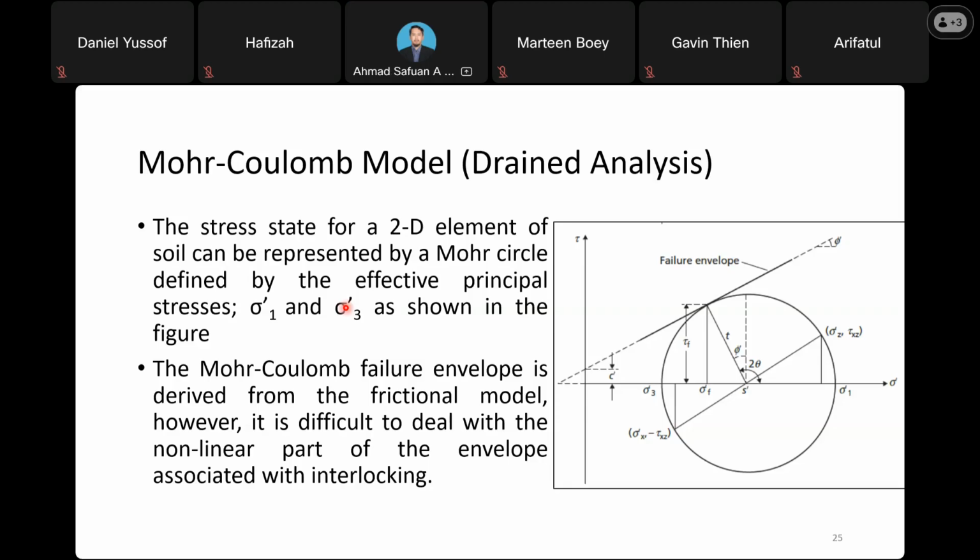The stress state for a 2D element of soil can be represented by a Mohr circle defined by the effective principal stresses, sigma 1 and sigma 3. The Mohr-Coulomb failure envelope is derived from the frictional model. However, it is difficult to deal with the non-linear part of the envelope associated with interlocking, so we only concentrate on the frictional conditions. Rather than that, it is very difficult.